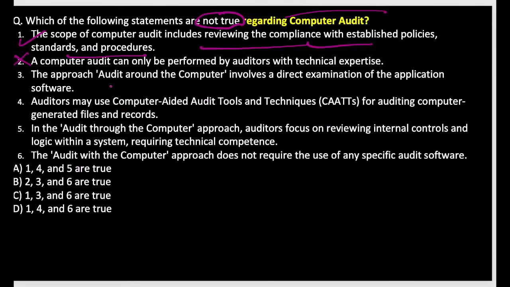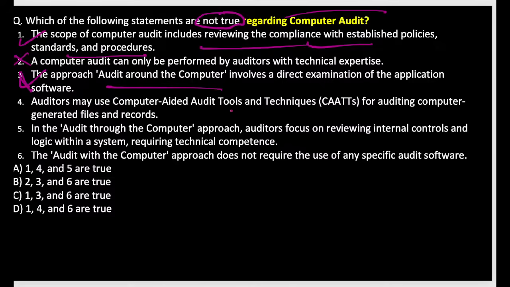The approach of audit around the computer involves direct examination of application software. Auditor may use computer aided, sorry, the third statement is also wrong. Audit around the computer involves direct, no, I guess it is not part of this one. Sorry, this should be wrong.